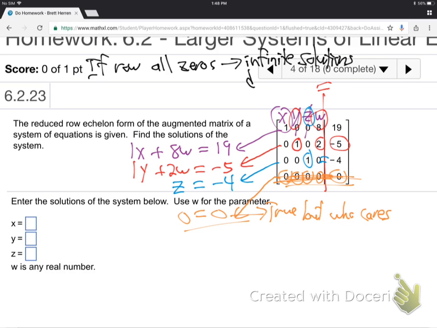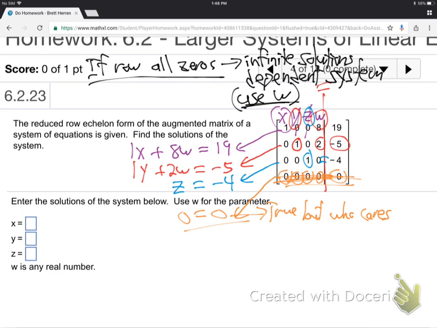It's called a dependent system, and you're going to use W. I'll explain in just a minute. So if a row has all zeros, that's going to be infinite solutions, what we call a dependent system, and you're going to use W. So when you see all these zeros, you go, oh, that's one of those infinite solutions, dependent system, I've got to use W.